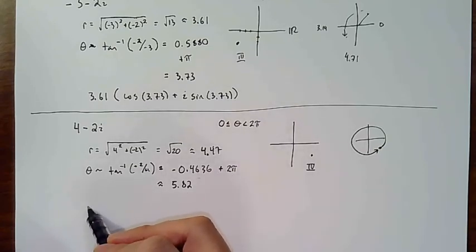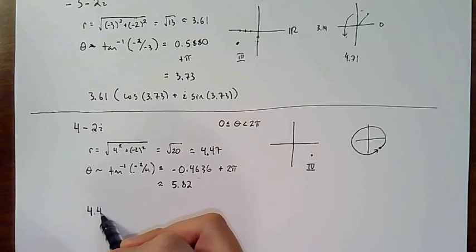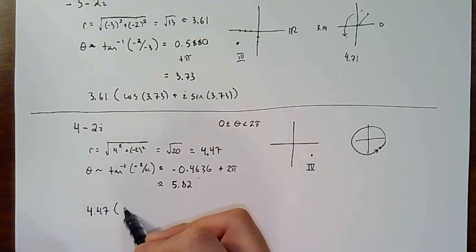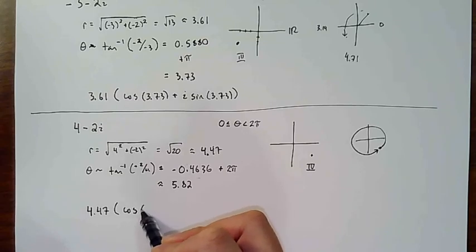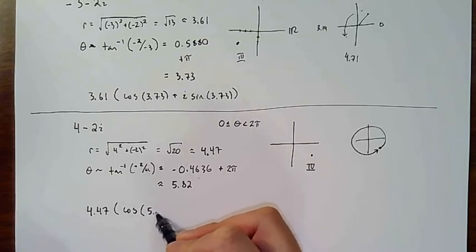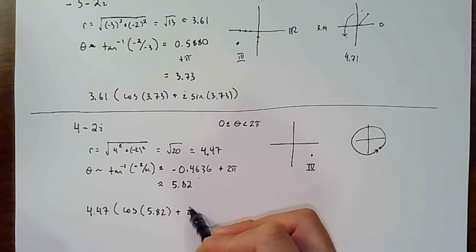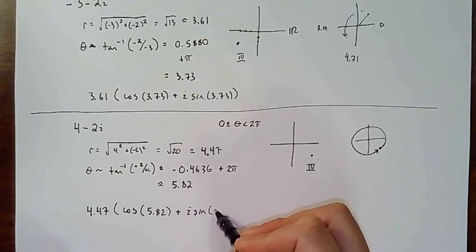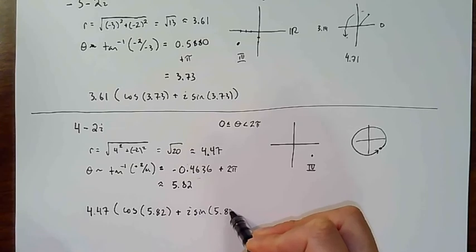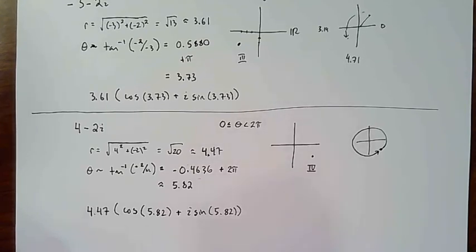So r is 4.47. Then we'll have cosine of theta, which is 5.82. And then add on i sine of theta, which is still 5.82. And there you have it.